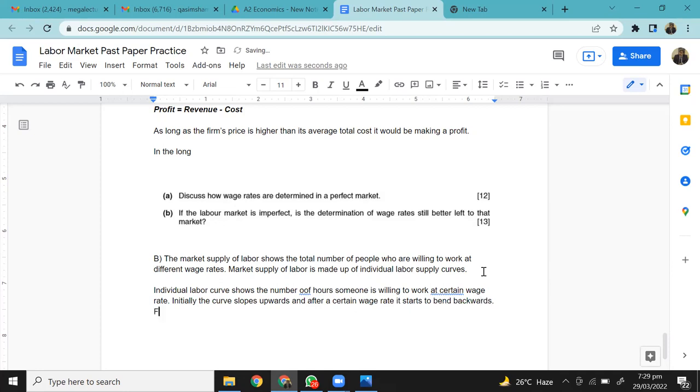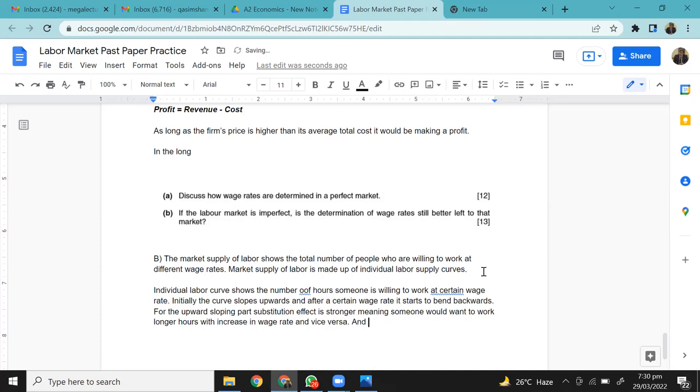For the upward sloping part, substitution effect is stronger, meaning someone would work longer hours with an increase in wage rate and vice versa.